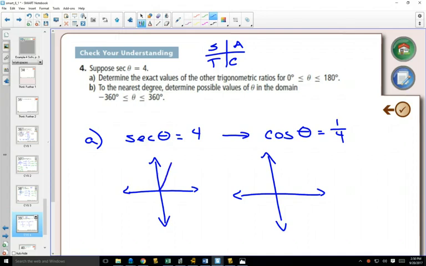Well, I'll just draw the angle. Don't want to get ahead of myself here. So there's an angle in quadrant 1 with theta. And here is an angle in quadrant 4 with the same theta, but this reference angle would be the same there.